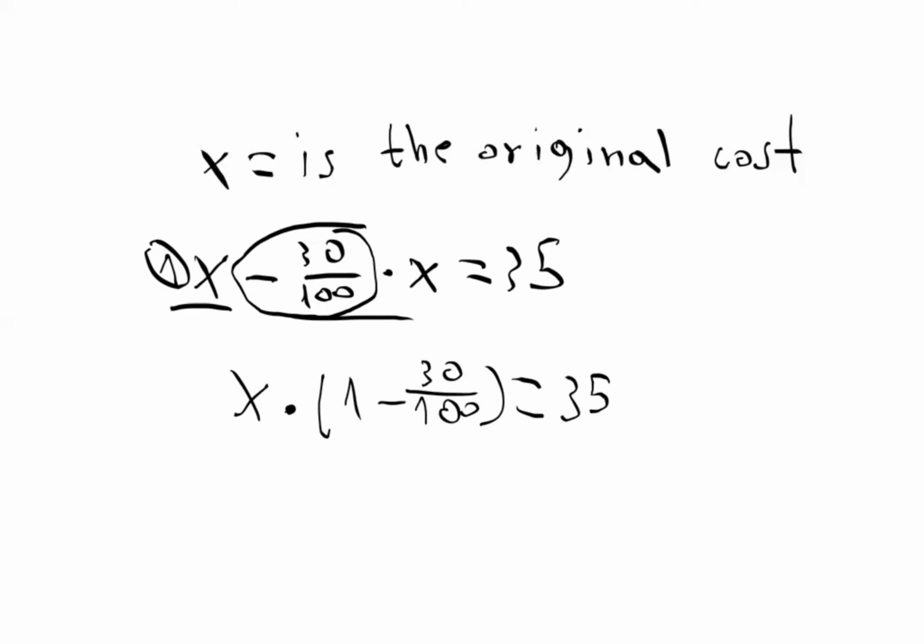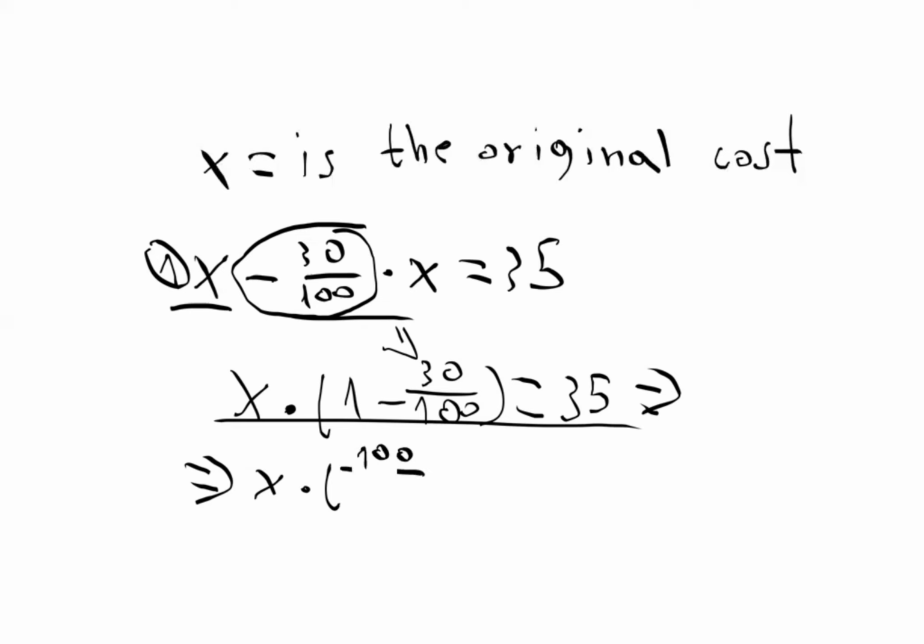Now, here, to solve this, first we have to find what is actually in the parentheses. So that means that x times, we'll actually do it now. In subtraction, in addition, we have to have the same denominator to actually do it.